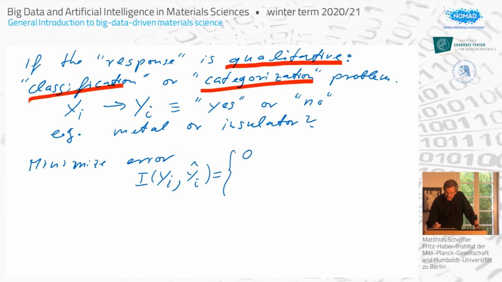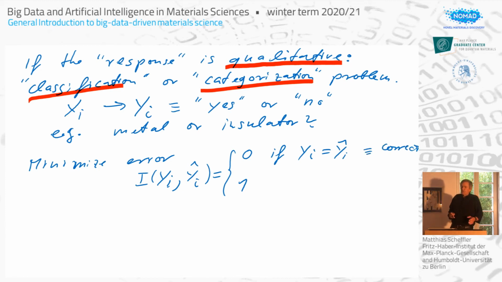That can be 0 or 1. It is 0 if yi equals yi hat. That means everything is correct, right? So if our prediction is a metal and the data point also tells metal, then it is correct and we have what we wanted.